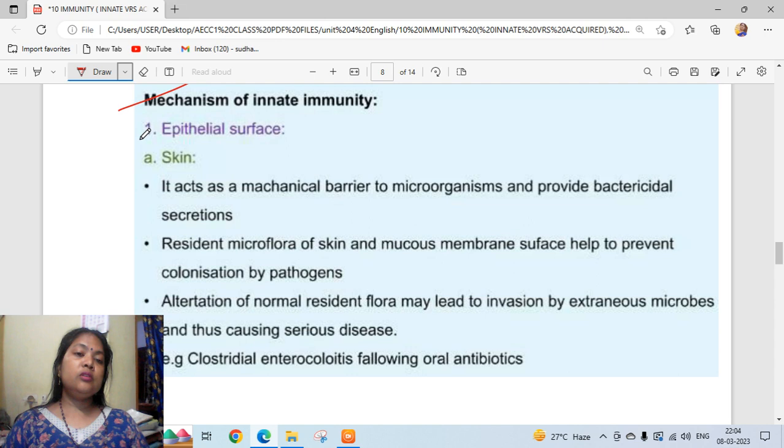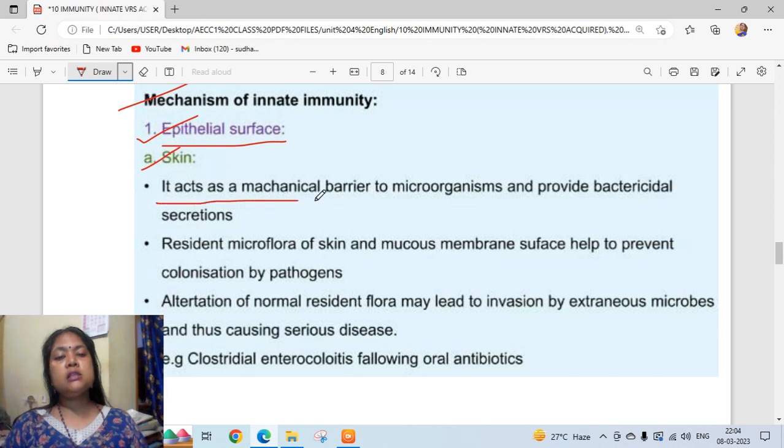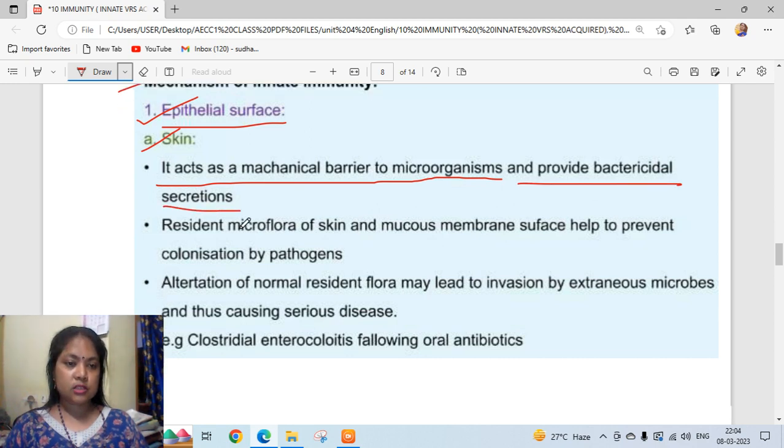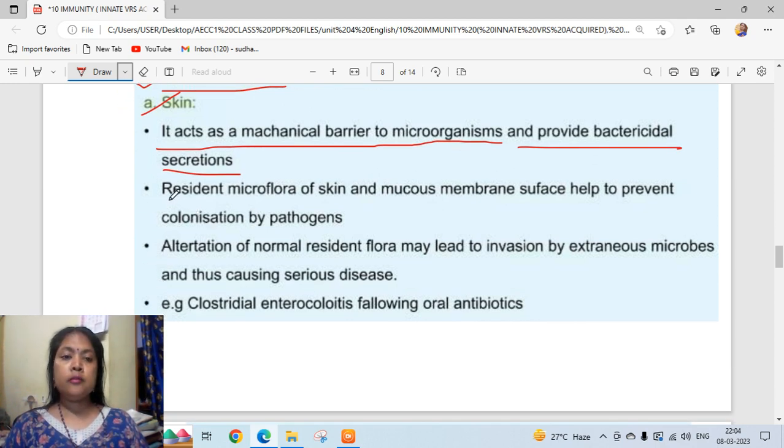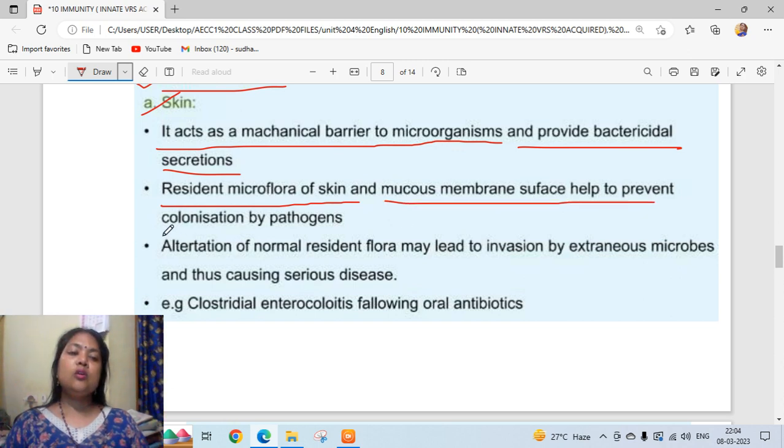Then what are the mechanisms behind innate immunity? One is the epithelial surface. Epithelial tissue is present in your skin. It acts as a mechanical barrier to microorganisms and provides bacterial secretions. Skin has a greater role. The resident microflora of skin and mucous membrane surfaces help to prevent colonization by pathogens.